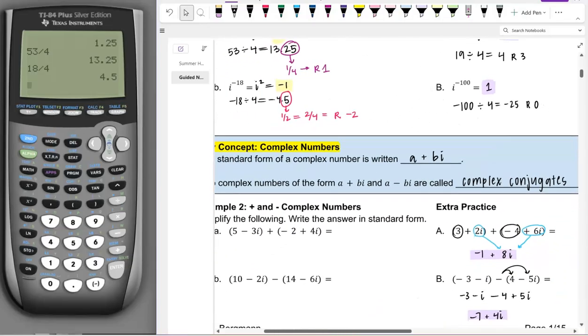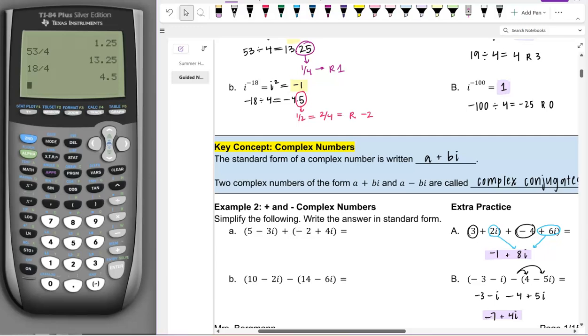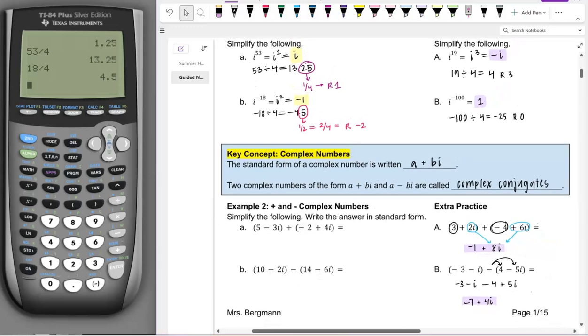We mentioned this a little bit earlier, but complex numbers always have a real part and an imaginary part. It's always going to be in standard form, a plus bi. So the real number part comes first, the imaginary part comes second.